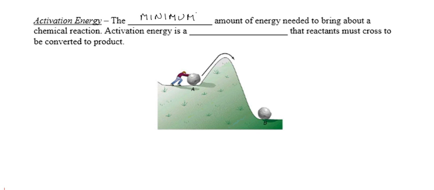Think of activation energy as a barrier that reactants must cross to be converted to product. So here in the picture, A wants to get into B's position, but in order to do it, it has to have a little bit of energy to get it over the hump so that it can then turn into products.